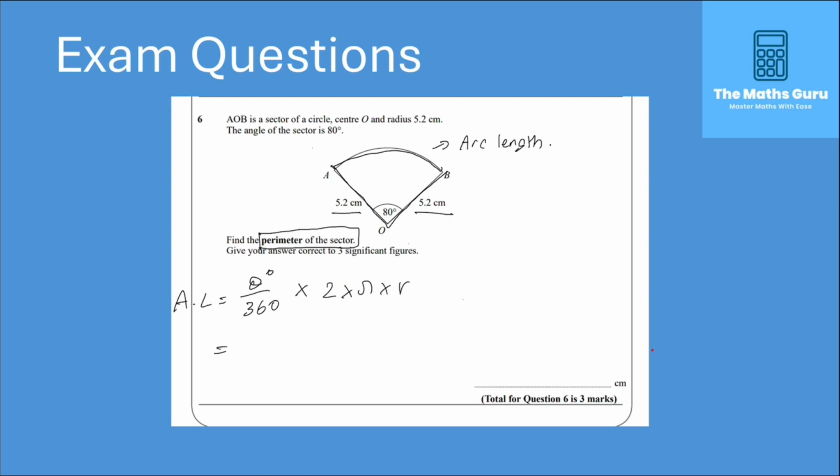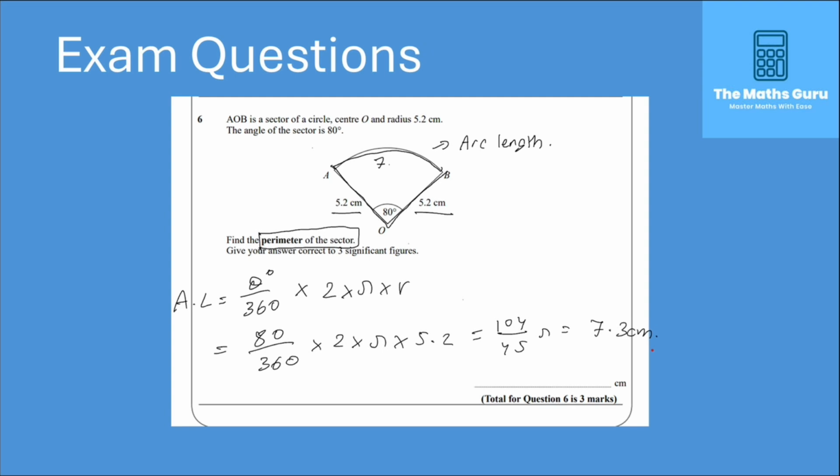Plugging this in with the values we know, 80 over 360 times 2 times pi times 5.2 is going to give us an answer of 104 over 45 pi, which is equal to 7.3 centimeters.